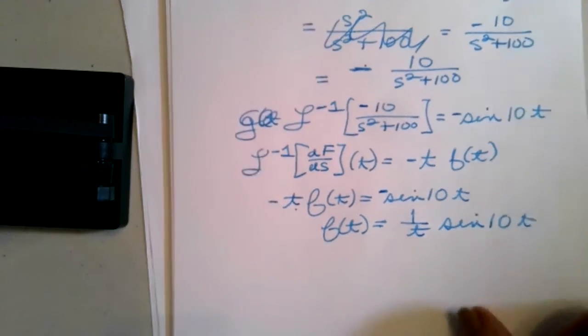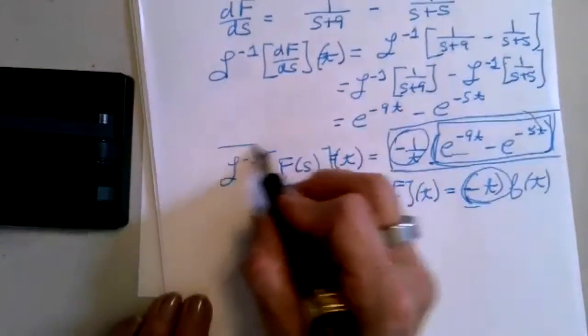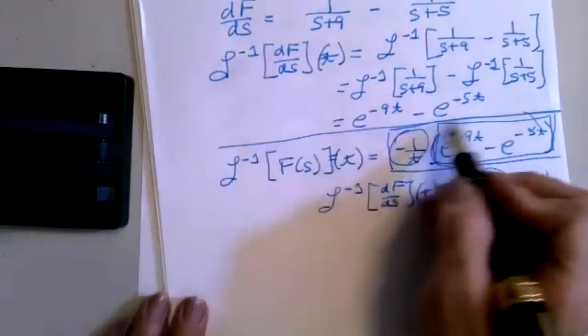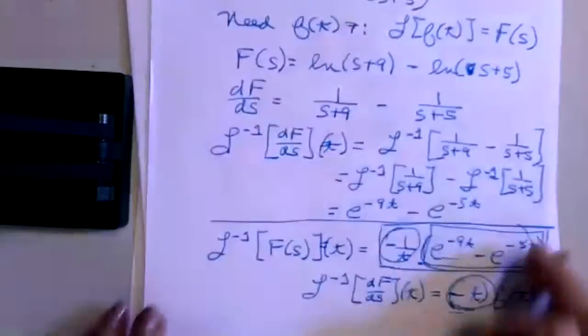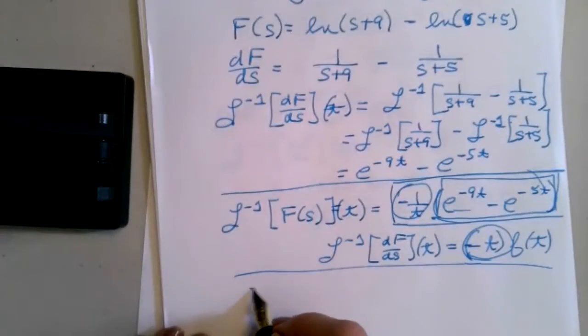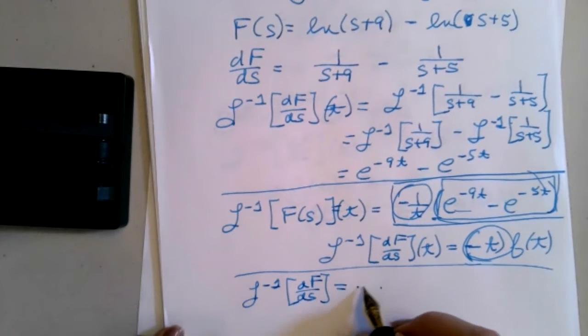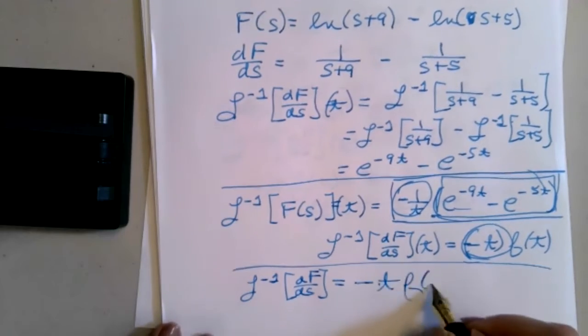And maybe that would be the better way to explain this first one that I did. We computed the Laplace transform of the derivative. Okay, we got that one. So in other words, L inverse of the first derivative of f is equal to minus t times f of t.